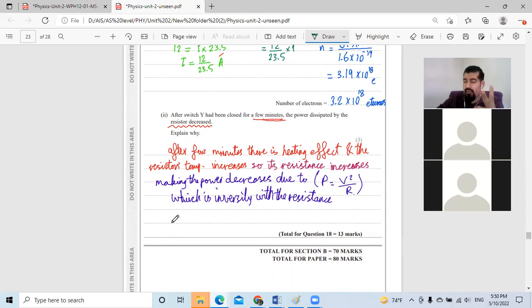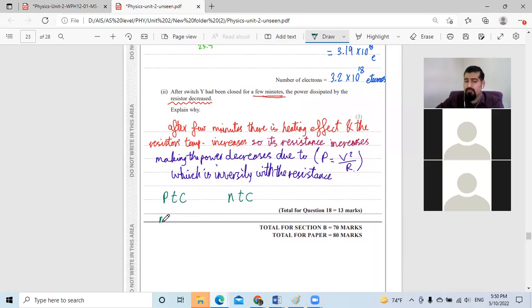Now we have two things. We have something called positive temperature coefficient, and something called negative temperature coefficient. Positive temperature coefficient, I'm talking about metals usually. Negative temperature coefficient, I'm talking about semiconductors, like thermistors, LDRs, and diodes.